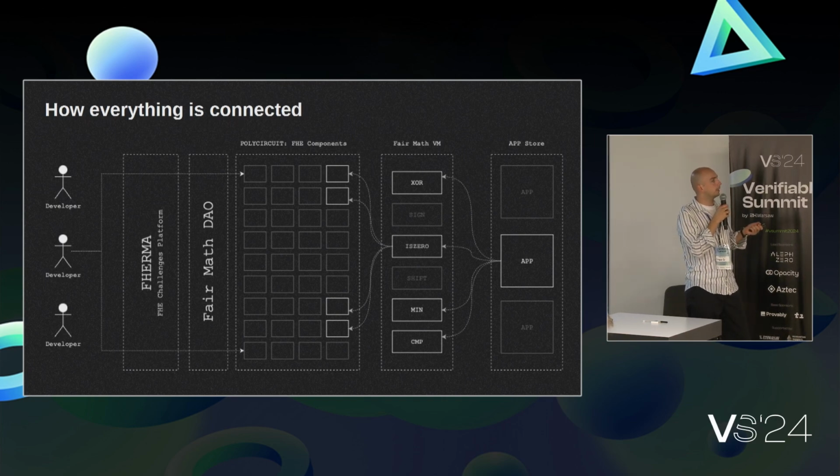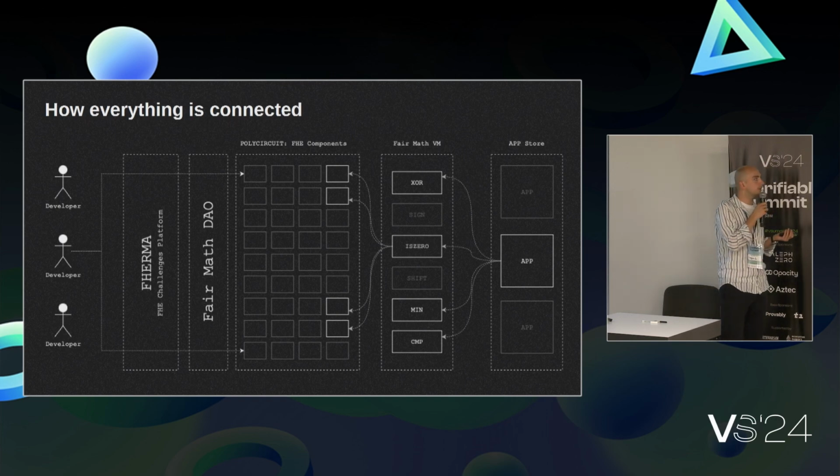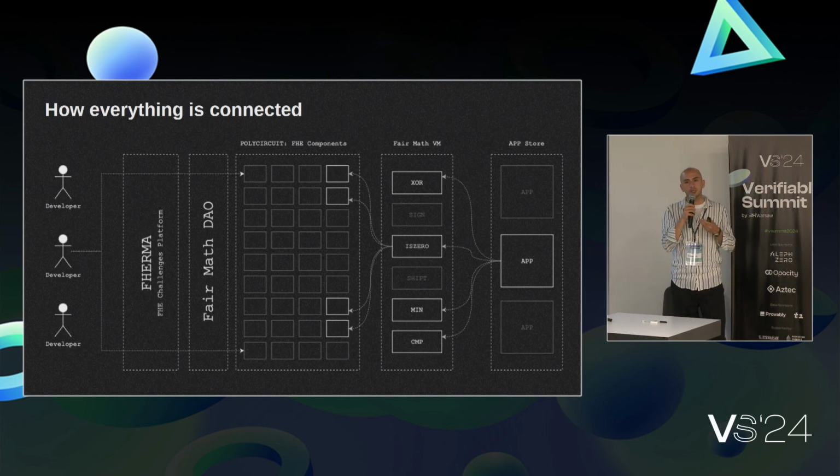This is the place where Firma is going to help us, because with Firma we can build a benchmarking platform. Firma in our whole ecosystem plays the role not only of an FHE challenges platform for fun; it's a significant and important layer in our ecosystem.